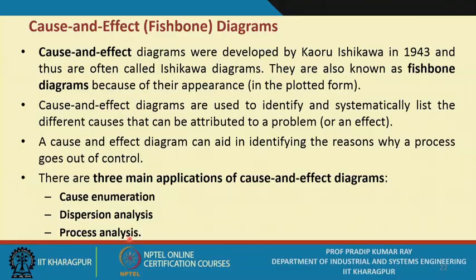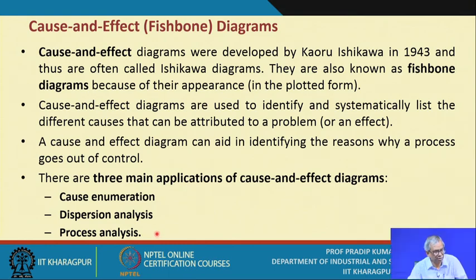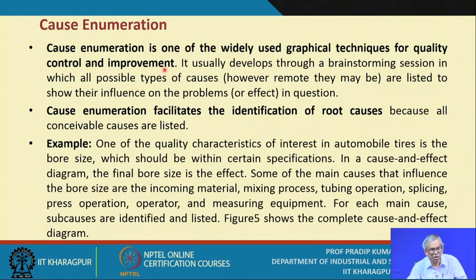And of course, you can use it for process analysis. So there are three applications. Here the causes are identified and the cause and effect diagram is plotted or created.